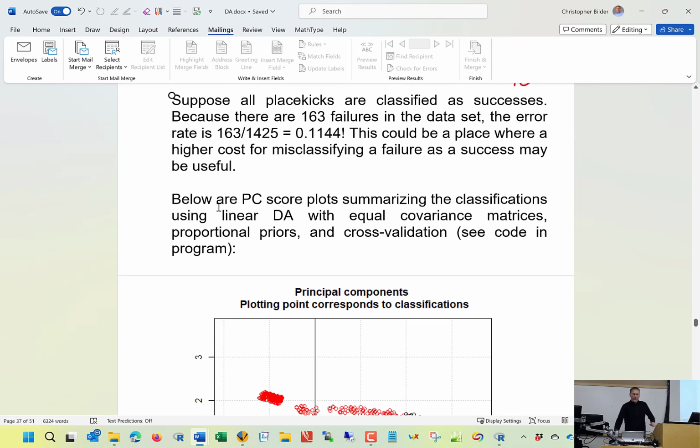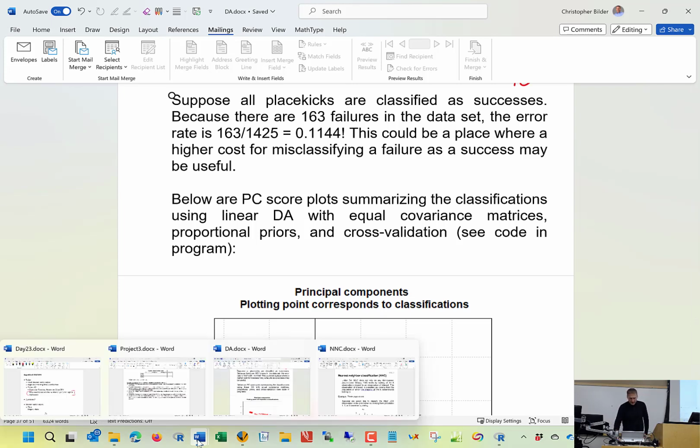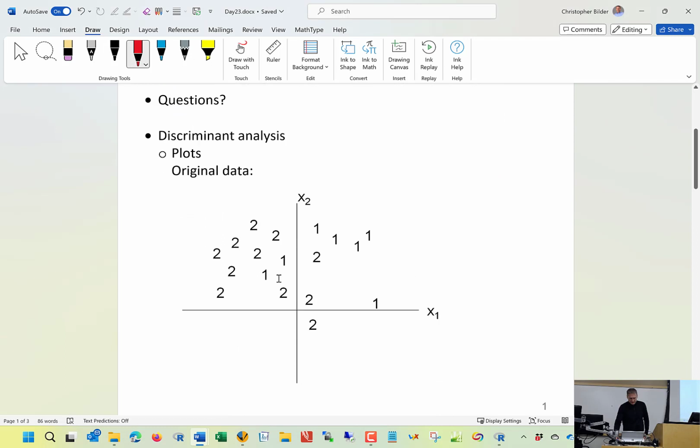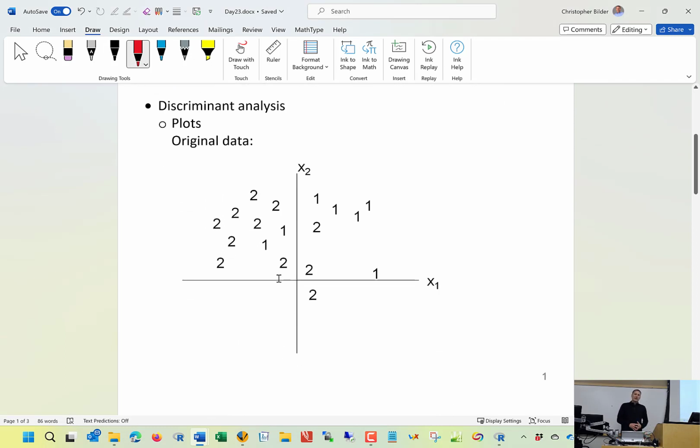Now, whenever you do a discriminant analysis or some of these other methods that we're going to be using to try to predict classifications, groups, you want to do some kind of summary plot so that you can better understand what you're getting right and what you're getting wrong in these predictions. So in a simple situation, suppose that this is my data here.